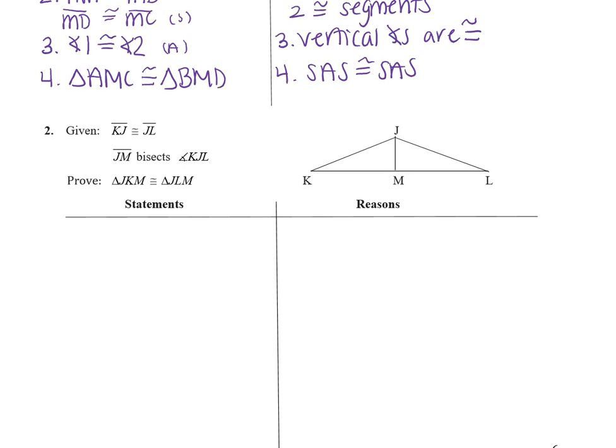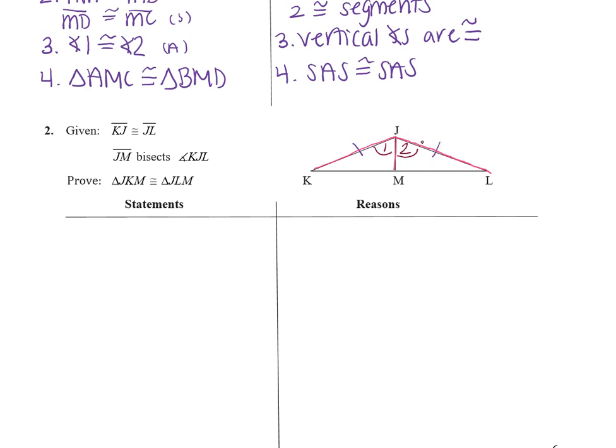Okay, next, I've got KJ congruent to JL, and it tells me that JM, which is this segment right here, bisects angle KJL, so that's here. Okay, so if I know that that's an angle bisector, then these angles, which I'll call 1 and 2, must be congruent.